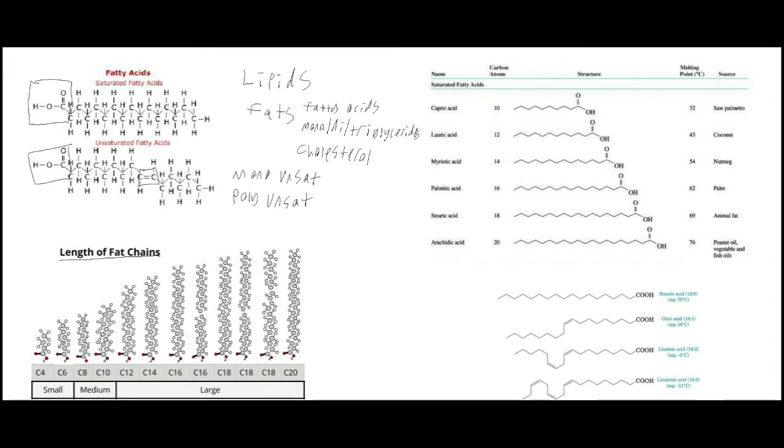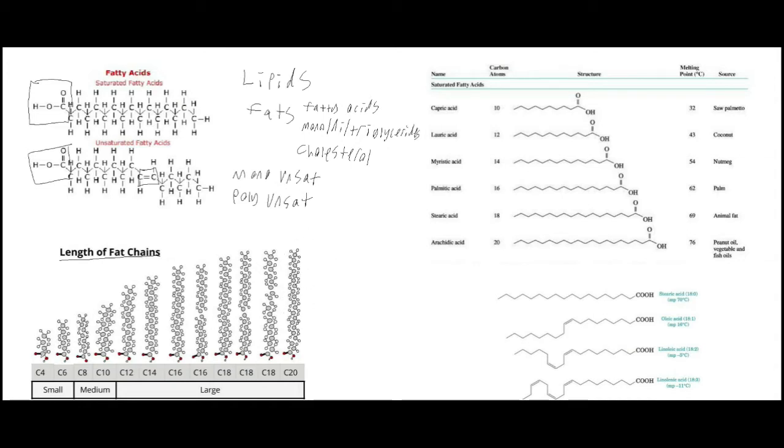You can see with C4 we have 1, 2, 3, 4 carbons, and then it increases by 2 from there. You can have an odd number, but usually we use even-numbered fatty acid chains in our diet.